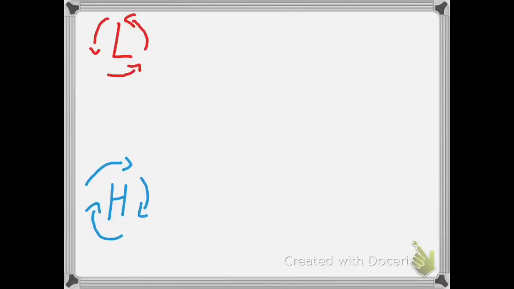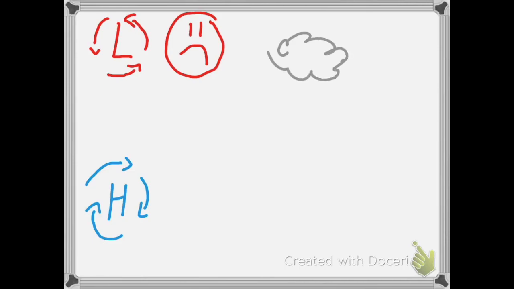The symbol for low pressure is normally a red L, and you may see arrows going around it counterclockwise. Low pressure means lousy weather. That's where you will get your big thunderstorms. It's bad weather.